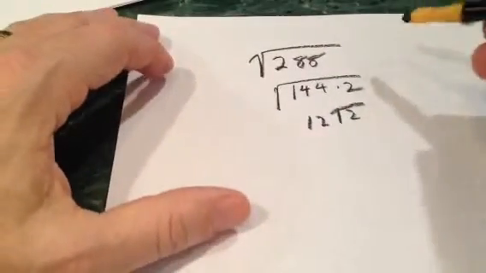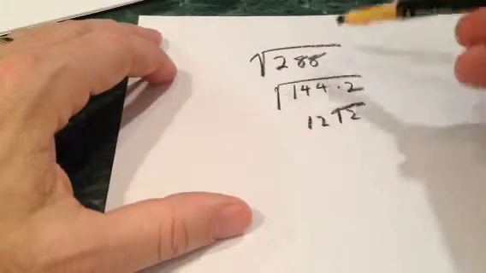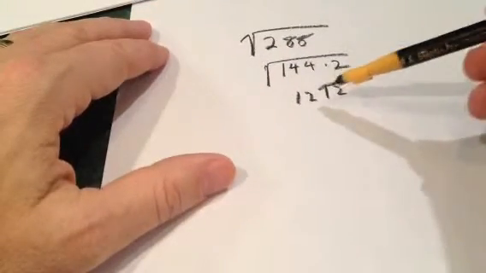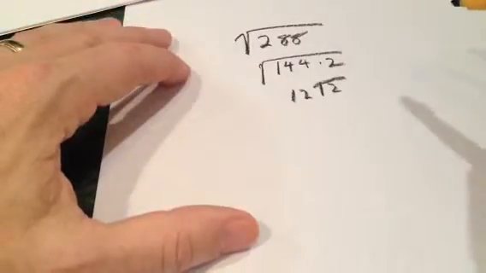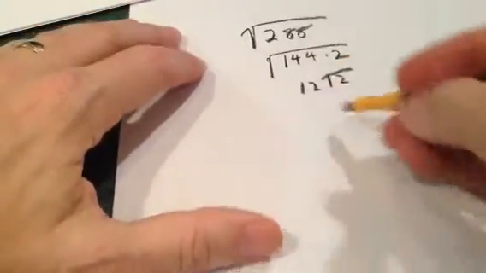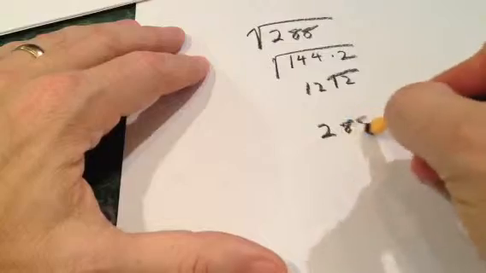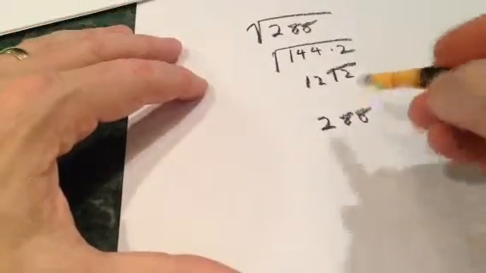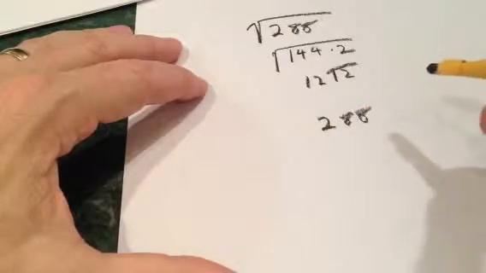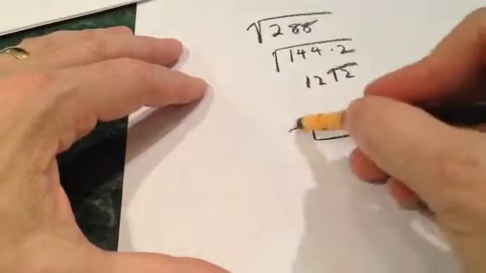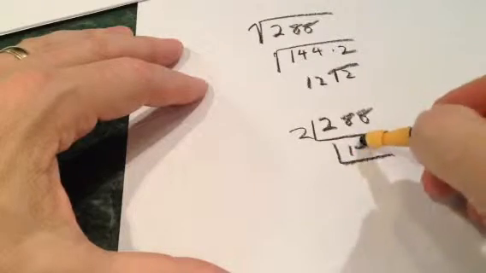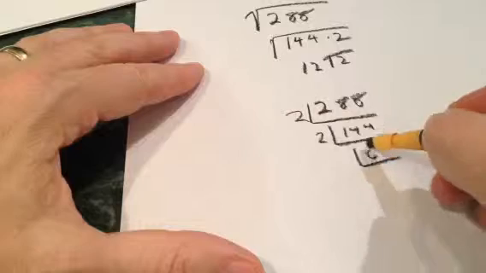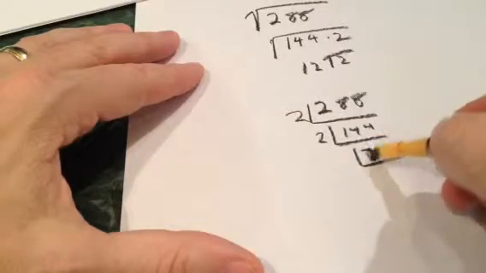Once again, if I'm not sure I got the right answer, I can check it in my calculator. The square root of 288 gives me a number, and then 12 times the square root of 2 should give me the same decimal number. The other way, once again, I can factor 288. I'm going to show a different factoring method, the one I learned, where I start with the smallest prime numbers and work my way up. That divides by 2, that's 144. That divides by 2, that's 72.